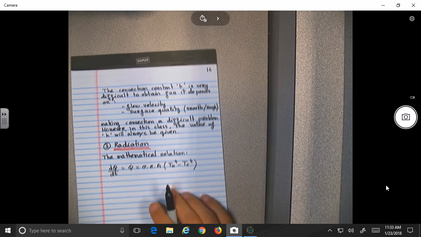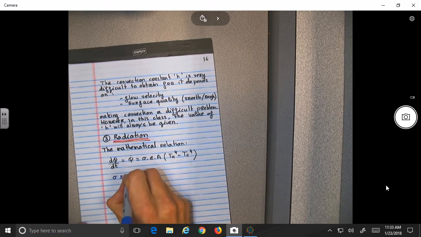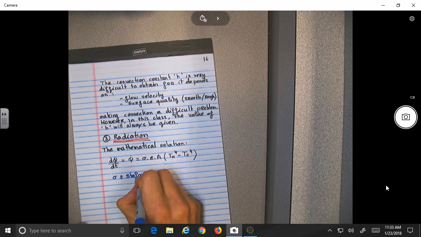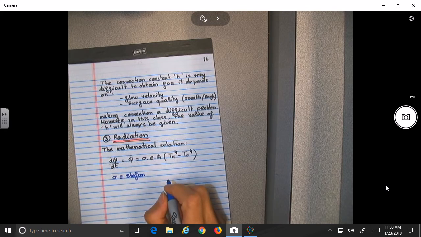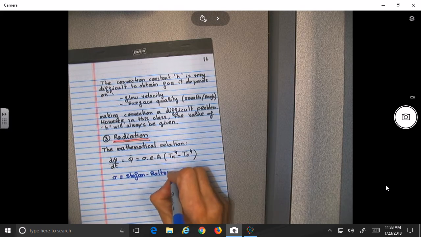So what else comes as a wave will be light, no? Light and heat are kind of related. So since it comes as a wave, there's that constant right here that shows up, which is sigma, which is called the Stefan-Boltzmann, and I always have a problem spelling that one. Never know if there's one n or two n's at the end. It's two n's.